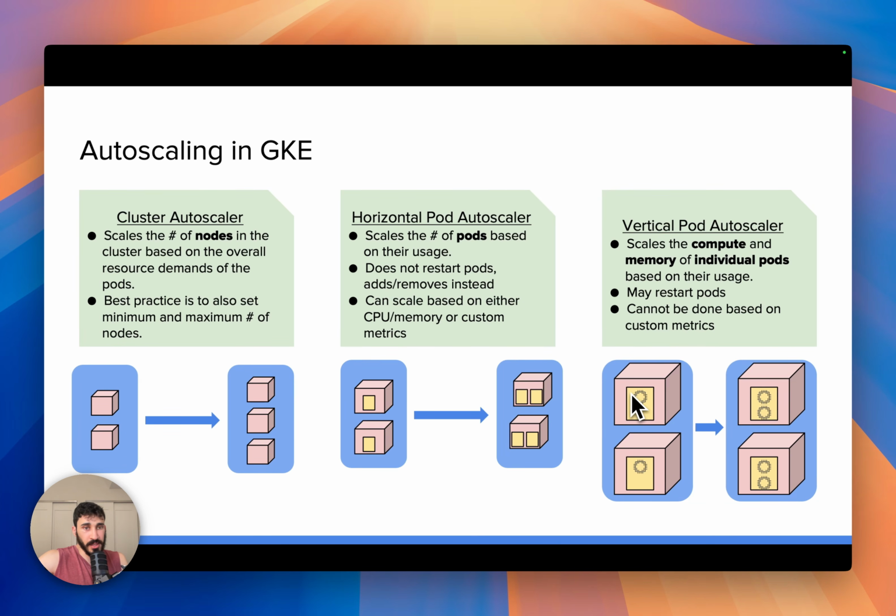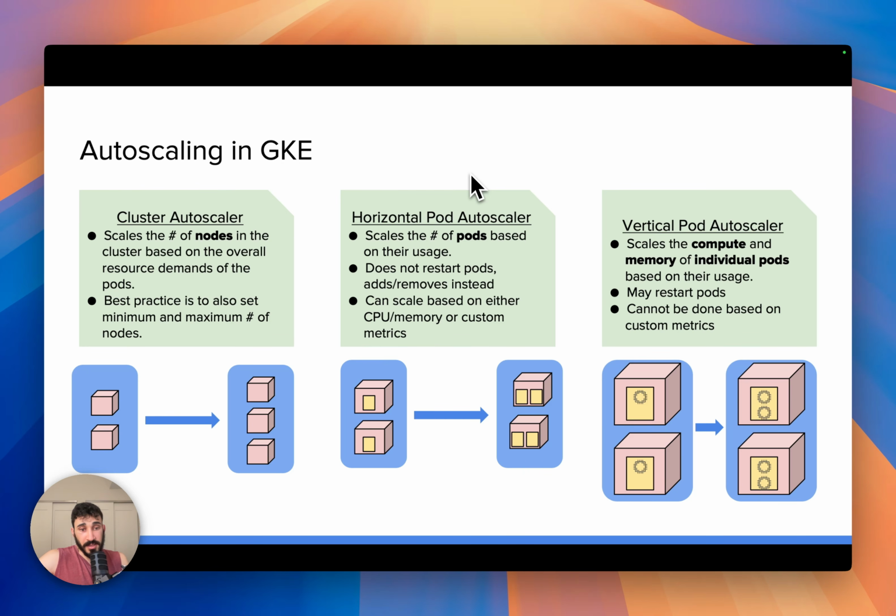Now for autoscaling in Kubernetes Engine. We've got 3 different types of autoscaler here: cluster autoscaler, horizontal pod autoscaler, and vertical pod autoscaler. Cluster autoscaler scales the number of nodes in the cluster based on the overall resource demands of the pods. So we're literally talking about the VM instances that are in your cluster and adding or subtracting them, right?